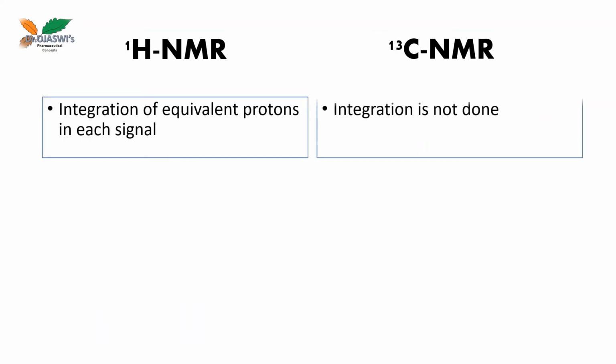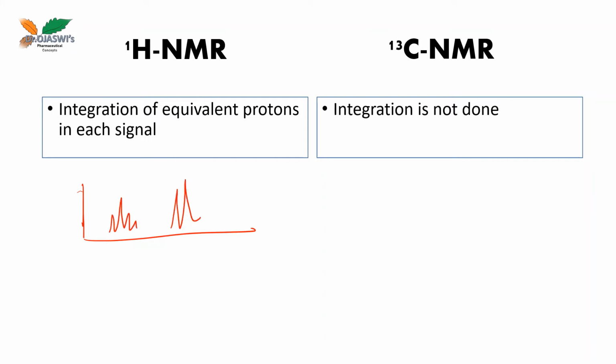The next comparison is with respect to integration of the NMR spectrum. Integration of the spectrum is a measure of the proton count. Suppose I get a doublet, a singlet, and a triplet. The software gives me the integration, that means it tells me this peak corresponds to how many hydrogens, and this peak corresponds to how many hydrogens.